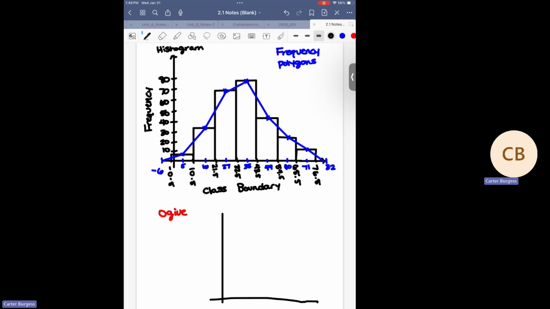Okay. My x-axis, actually, I am going to do a new page here so that I'm not trying to cram in too much.